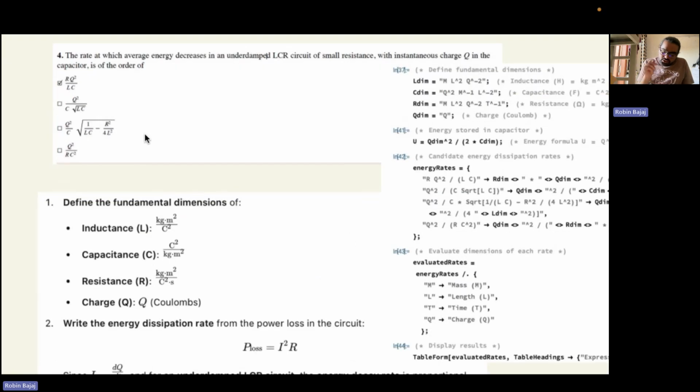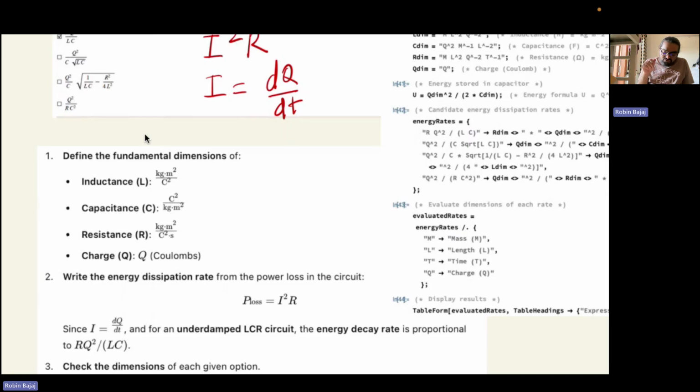So power is basically proportional to I square R. And you know I is dq by dt. And it is of the order of Q square by LC, right? So that's nothing but Q by square root LC.